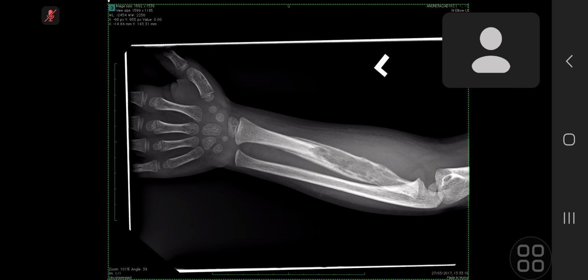No, let me summarize. It is an aggressive lesion of lytic and sclerotic morphology with cortical erosions and break, with periosteal reaction and associated soft tissue swelling in a skeletally immature patient.